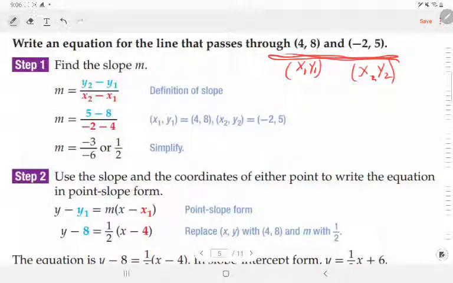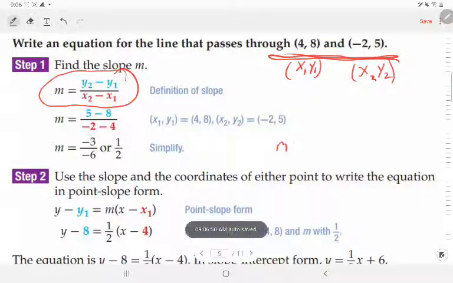And so to find slope, remember that we do change of y over change of x, where y2 minus y1 over x2 minus x1. So we just plug in what we know. Well, we know that y2 is 5 minus y1, which is 8, and then we have over x2, which is negative 2, minus x1, which is 4. So that would give us negative 3 over negative 6, or a positive 1/2.